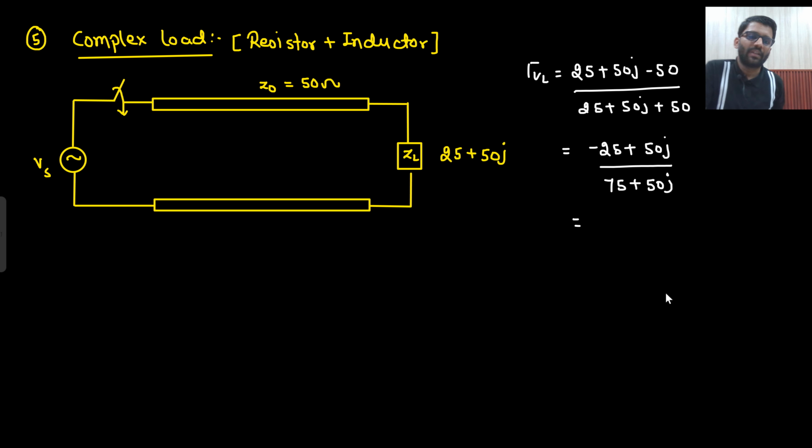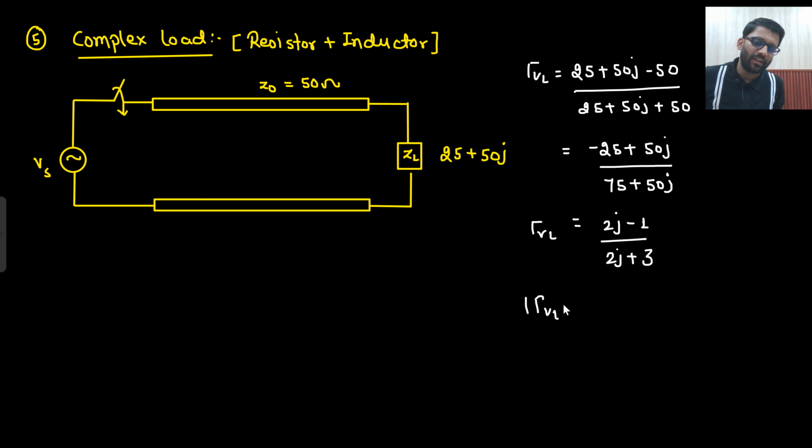So I can take 25 common. So 2j minus 1 divided by 2j plus 3. Right? If I take 25 common, what you are getting? 2j minus 1 divided by 2j plus 3. So this is your gamma VL.